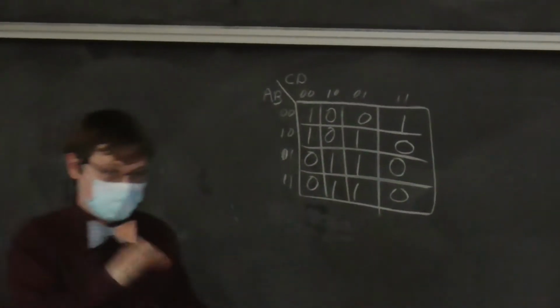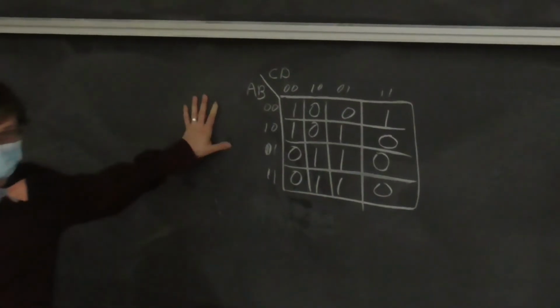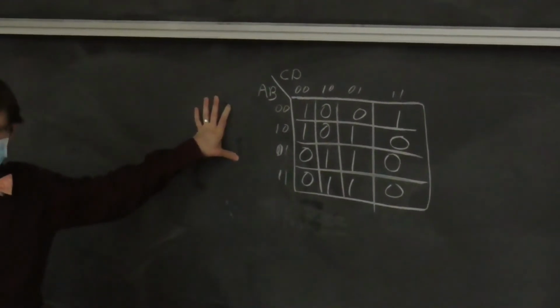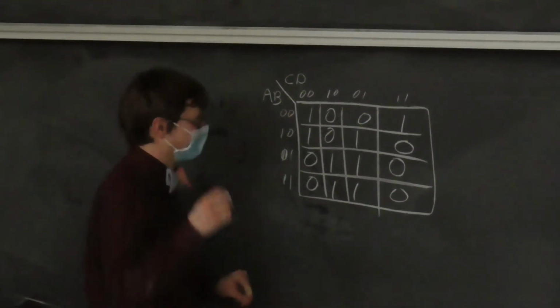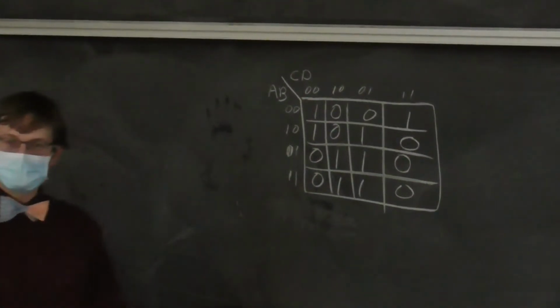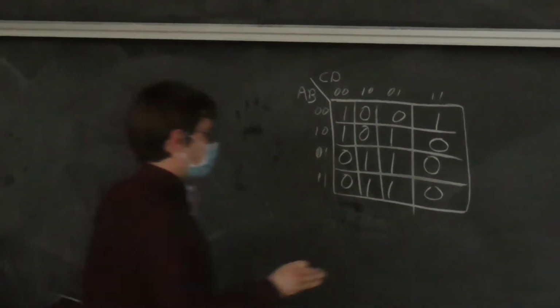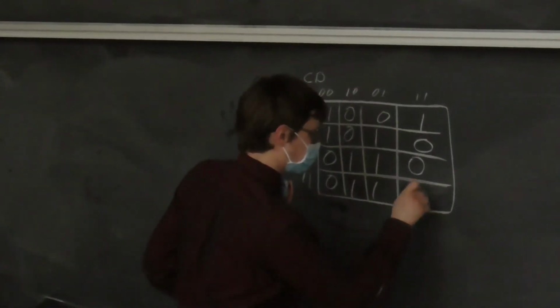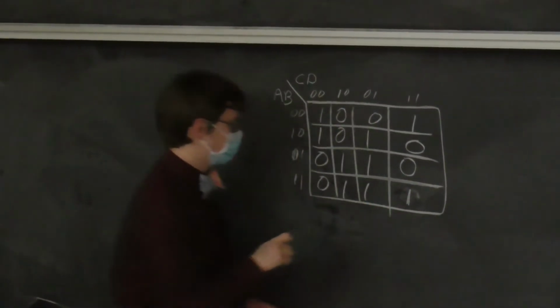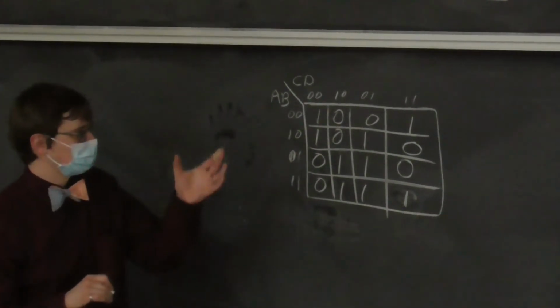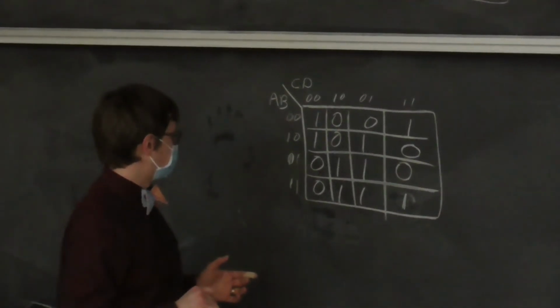The purpose of a Karnaugh map is to avoid having to do algebra. So, what you're doing is you're looking for groups. I'm going to add one more right here. There we go.